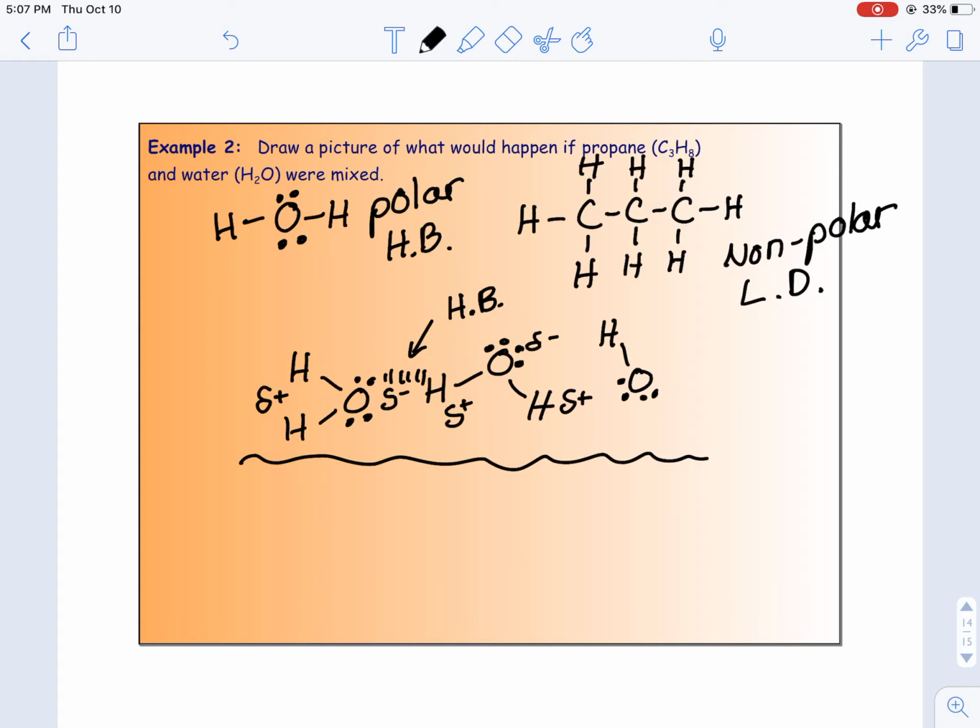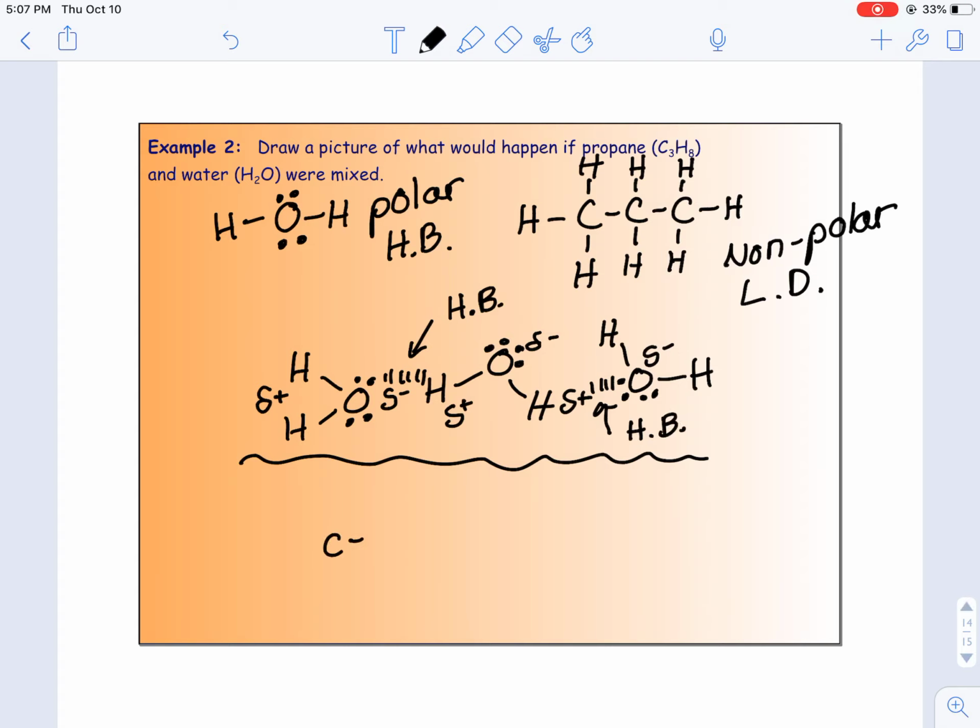And when you draw a picture or answer a picture question like this, I also want you to draw more than one molecule. So draw at least two, if not three. So in one layer, you're going to have the water molecules mixing and having hydrogen bonding forces. So make sure you label the forces too.